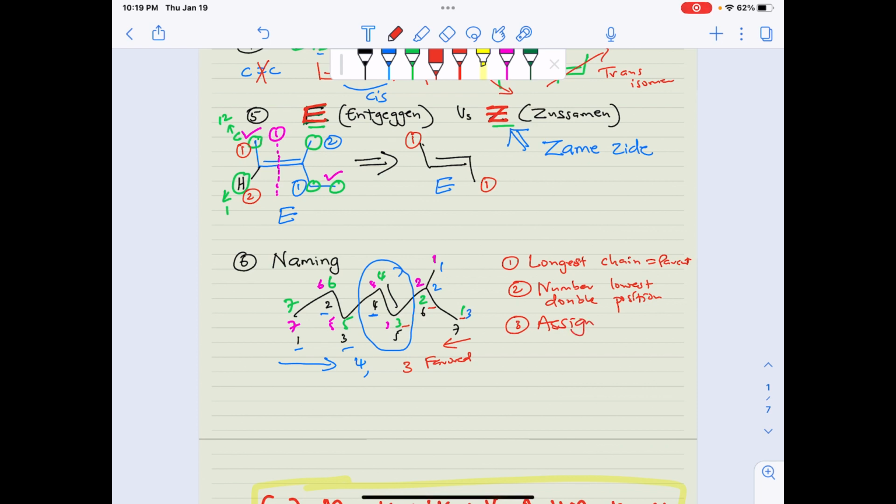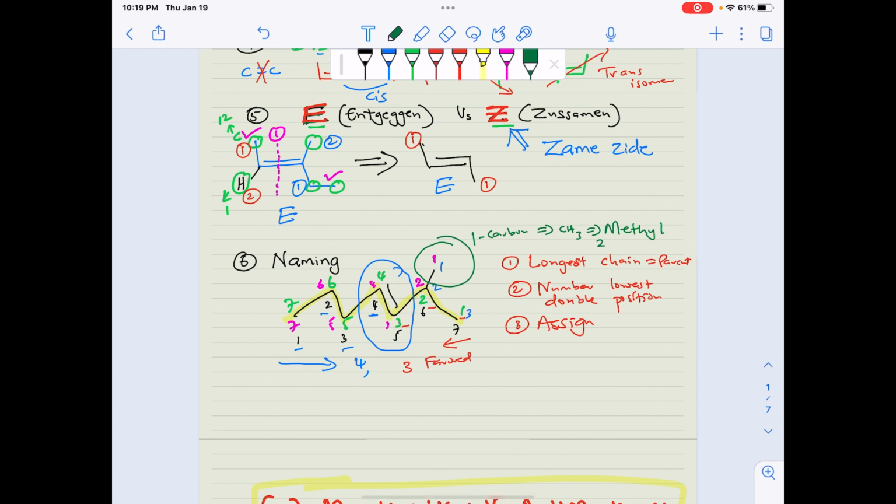In this case, if we choose the main chain to be here, 1, 2, 3, 4, 5, 6, and 7, then we see that there is a group here that has not been included as part of the chain, and that group has 1 carbon. That's really a CH3, and therefore we call that a methyl group. So the side group is methyl, and that methyl is on position number 2.